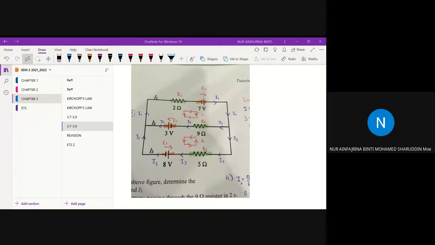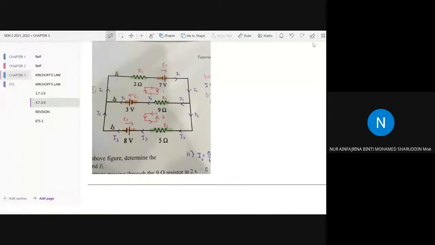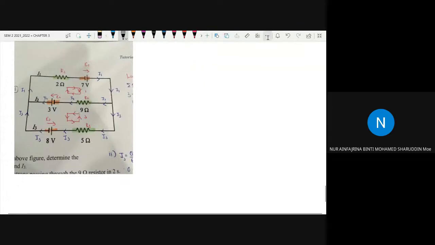Soalan dia minta power dissipated by 5 ohm resistor. 5 ohm kita dekat sini.